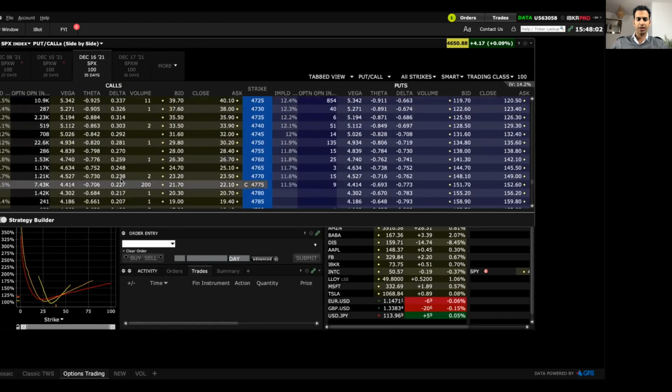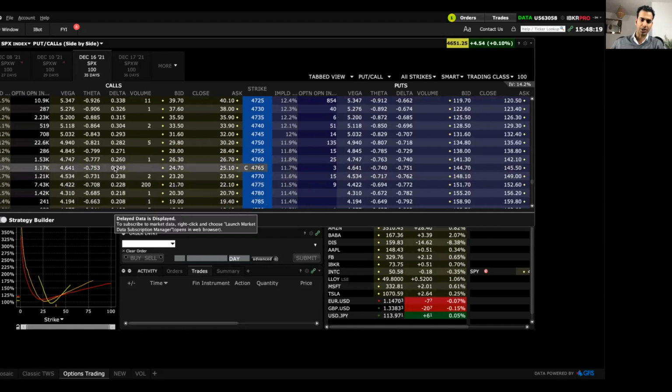We keep going. So with the spot price at 46.50, the call option with the strike of 47.70 or 47.65 even has got a delta of 0.249, as you can see here.